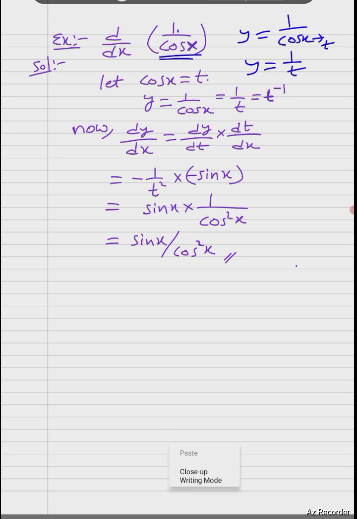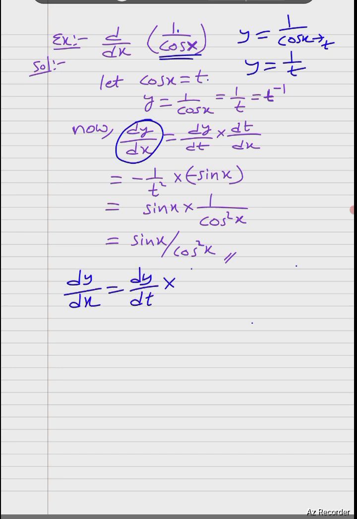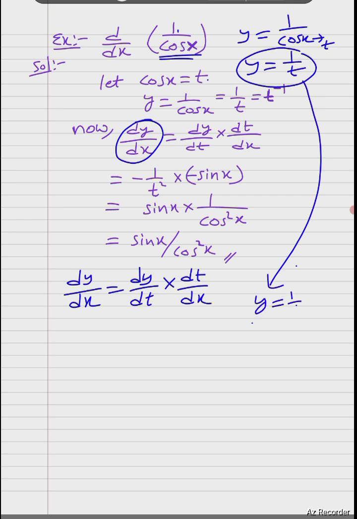Now, what is our next step? Next step is to split this given dy by dx into dy by dt into dt by dx. Okay. So we have y value 1 by t. Can we find dy by dt, the derivative of 1 by t?